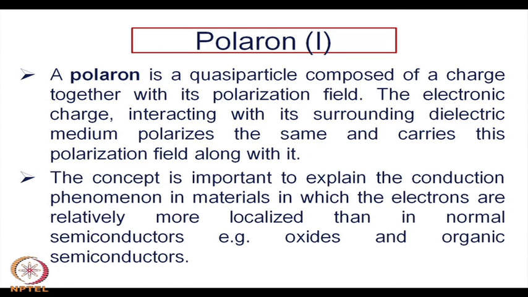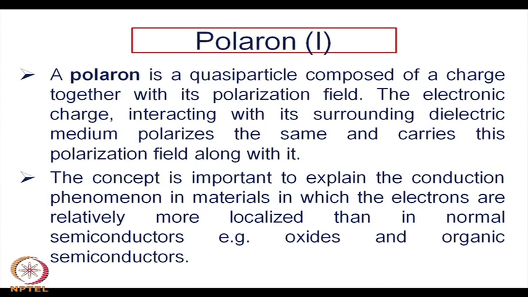because these are tightly bound electrons, and these tightly bound electrons have different characteristics other than the free electrons which we have in metals or elemental semiconductors. So, as per definition, a polaron is a quasi particle composed of a charge, either an electronic charge or a hole charge, together with its polarization field.